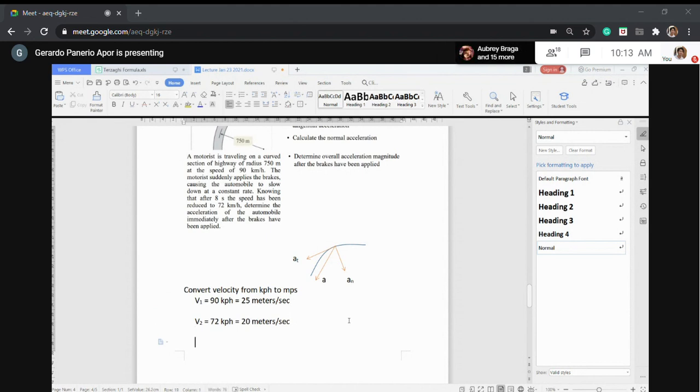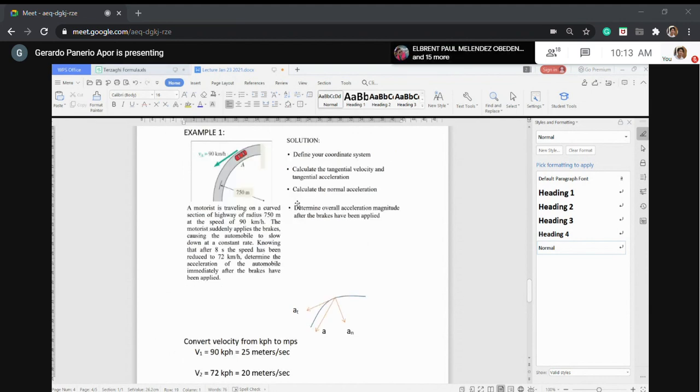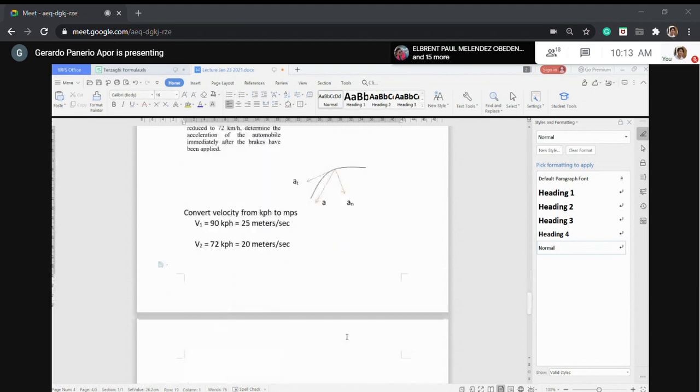So, we know that the tangential acceleration a_t is equal to dv/dt, or that is equal to v2 minus v1 divided by 8 seconds.